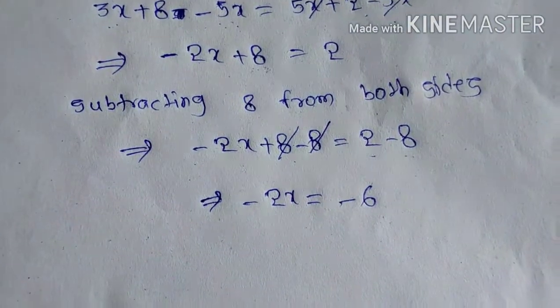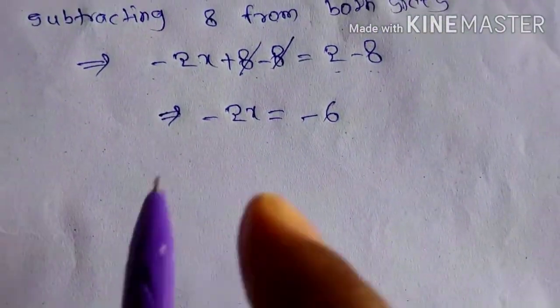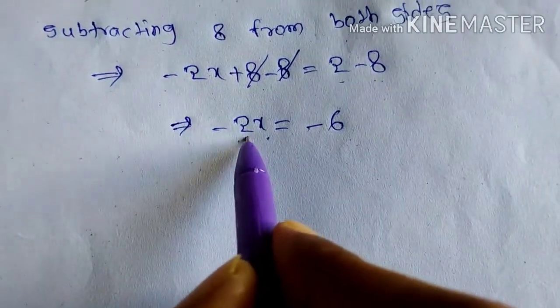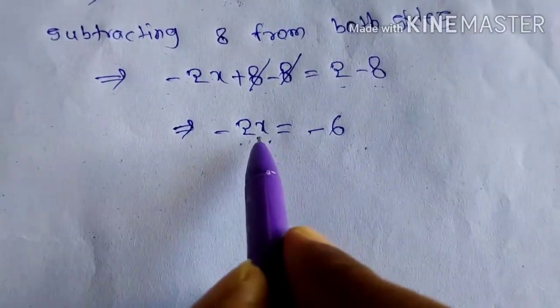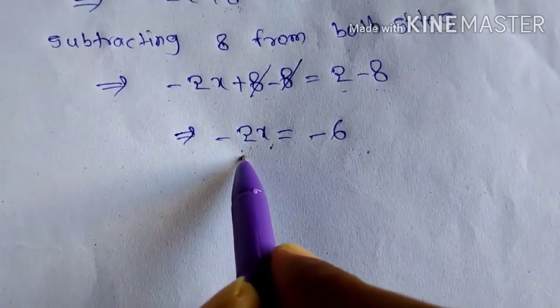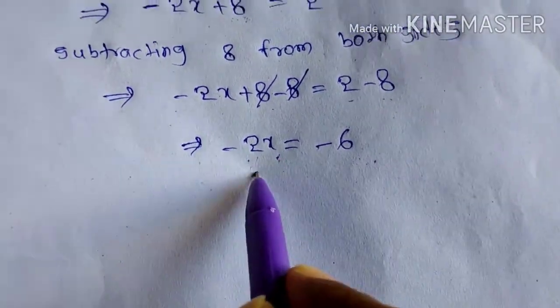Yes or no? We need to find only the x variable, so you can transpose minus 2 to the RHS. That means 2 times x, so you can divide the equation by minus 2.